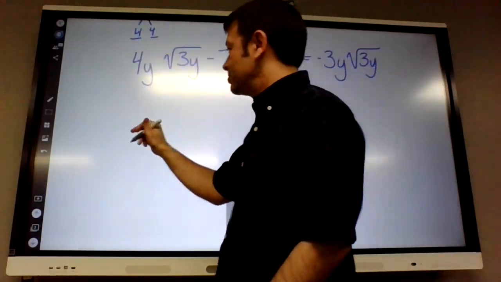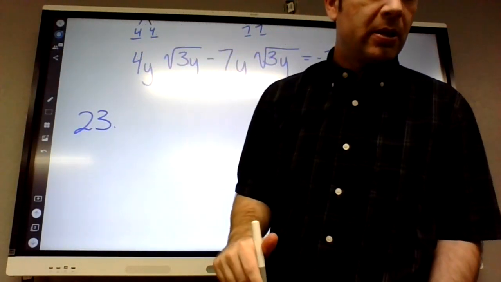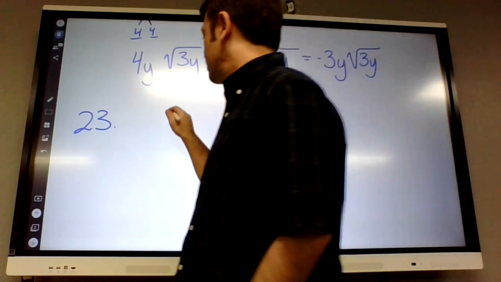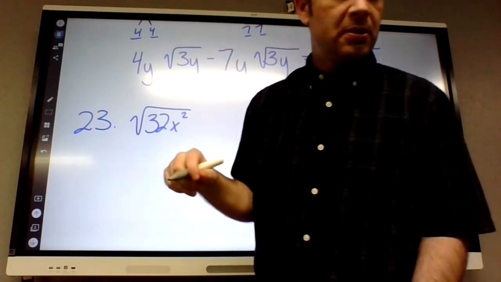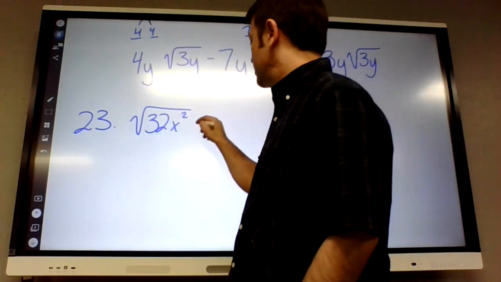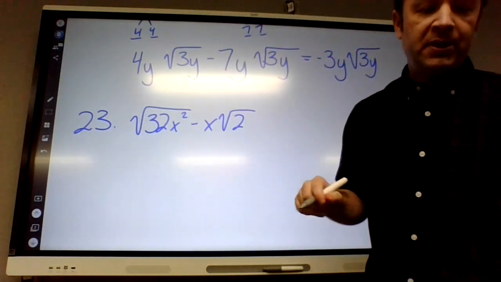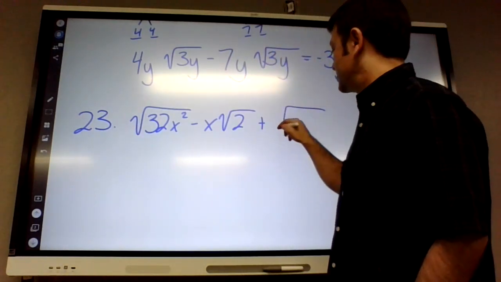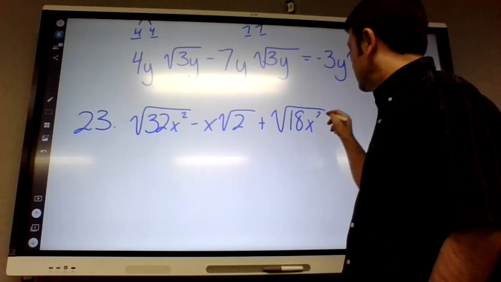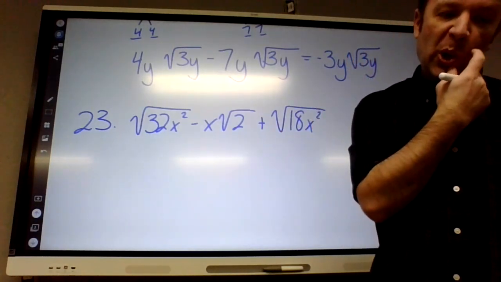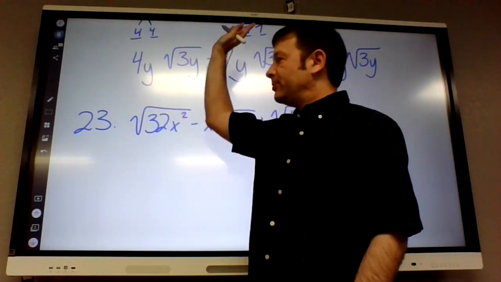Back to the odds. Could you do 24 now? 32x squared minus x squared 2. I think we did square root of 32 once already on this assignment, on a previous odd.